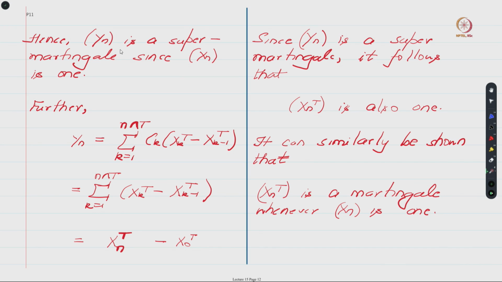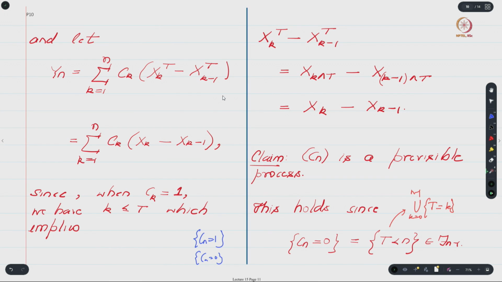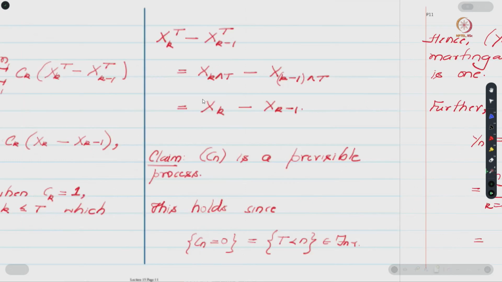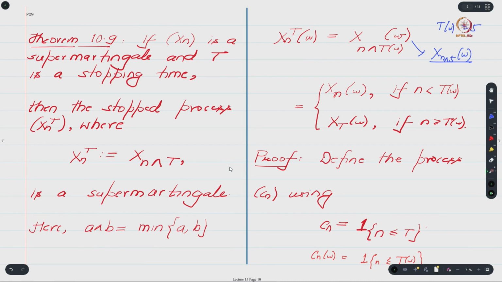But one can now use an alternative description of Yn. Yn was defined in the following way. Now as soon as Ck becomes 0, whatever you add over here, you are only adding 0 terms. So from that observation, one can see that Yn has this equivalent description. Is that okay?